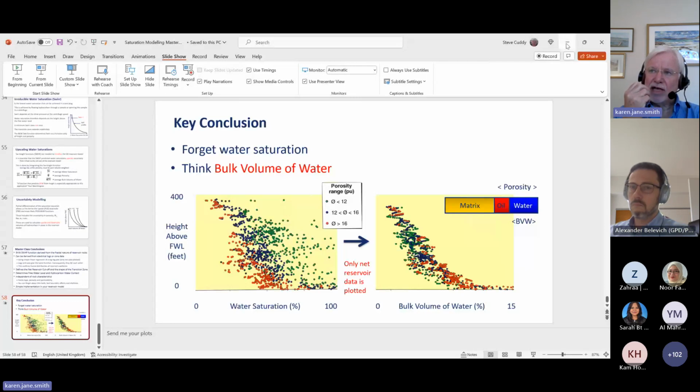The next plot is to plot your SW against height above the free water level, to confirm that you've got a lot of variation. By using a z-axis, you can determine the variation by different zonation, by different lithofacies, by whatever. Then by changing to BVW, you can confirm that the BVW takes out the spread. And we can look at your particular example after the masterclass.